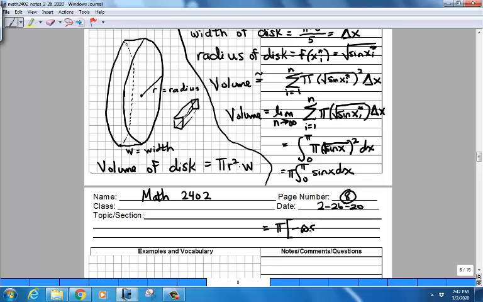Negative cosine of x. It's minus cosine of x, and we're evaluating that from 0 to pi. So I have pi here, and then I have minus cosine of pi minus the cosine of 0.